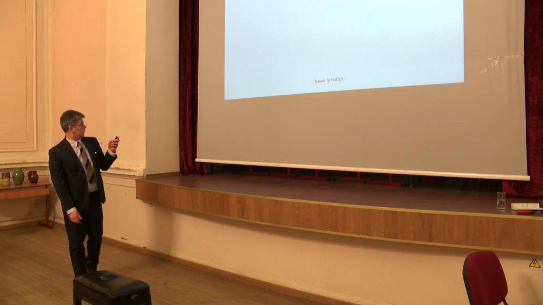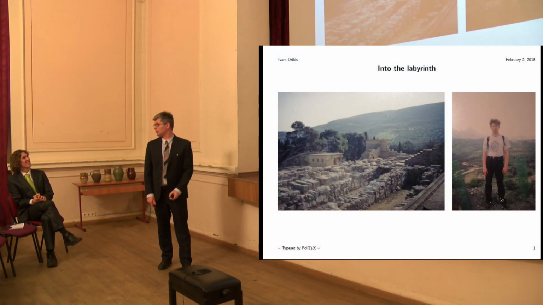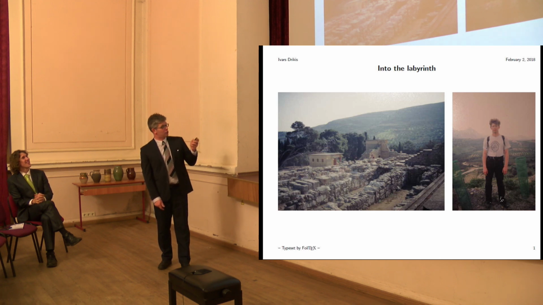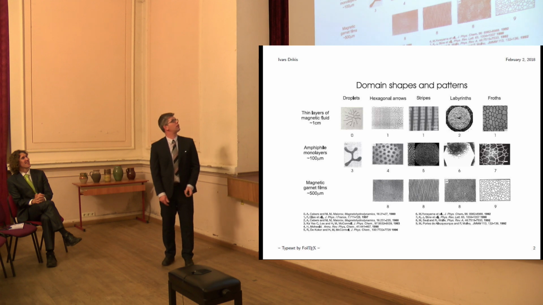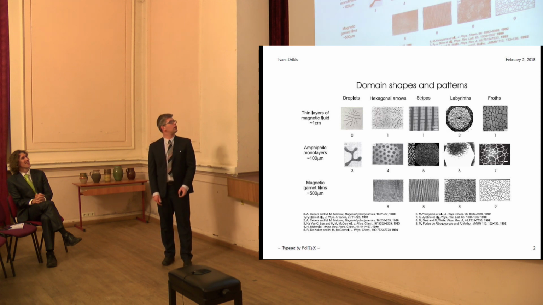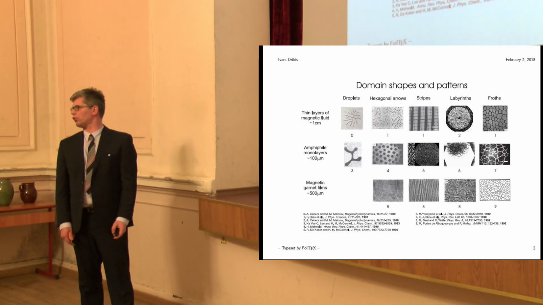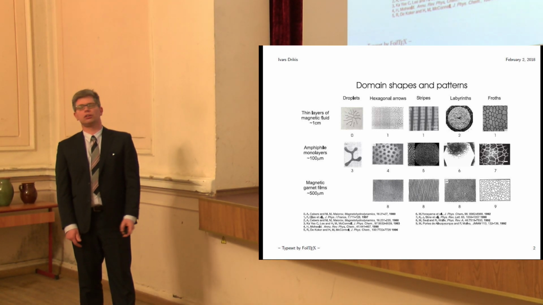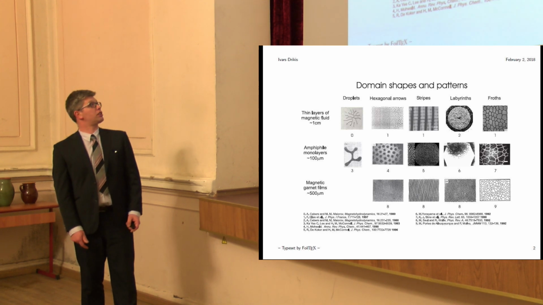Good evening. A long time ago, I was very interested in labyrinths. It was a long time ago, as you see. I was especially interested in labyrinths that are created due to interaction between two kinds of forces: short-range attractive forces and long-range repulsive forces.